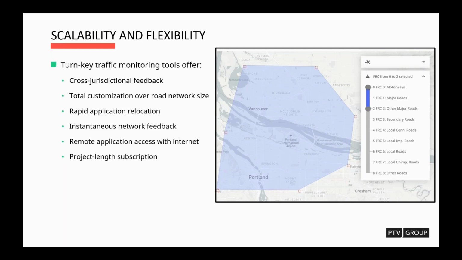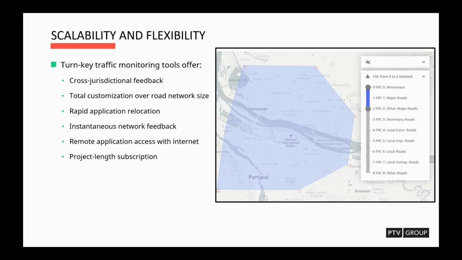Primarily, the first thing that usually sticks out to people is the cross-jurisdictional feedback. So right as our application is up and running, or as we're building our geographic region that we want to study, we notice that we don't need permits, and we don't need any sort of municipality permission to cross these jurisdictional borders.